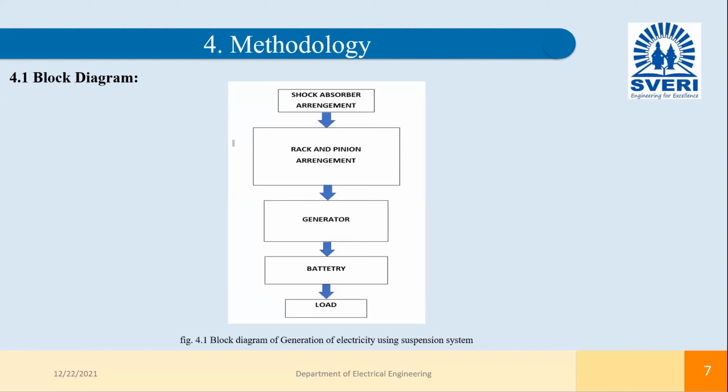This rotating motion is captured by the generator, which converts the rotary motion into electrical energy. This electrical energy is stored in the battery, and the stored energy is attached to the load.